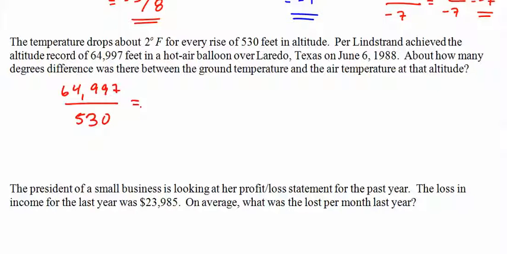64,997 divided by 530 is 122.6, times 2 degrees for each one of those. So it should have been about a 245 degrees Fahrenheit differential.